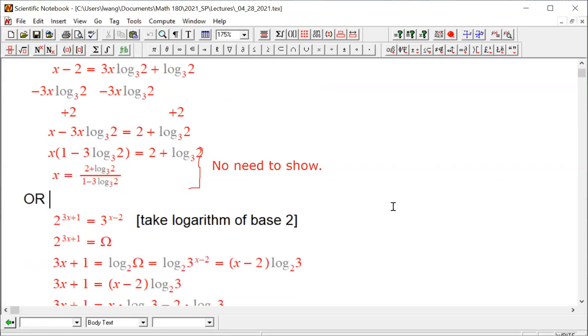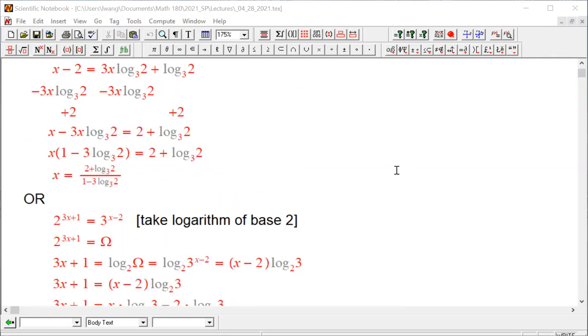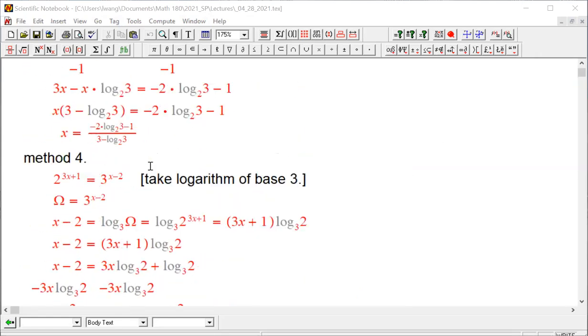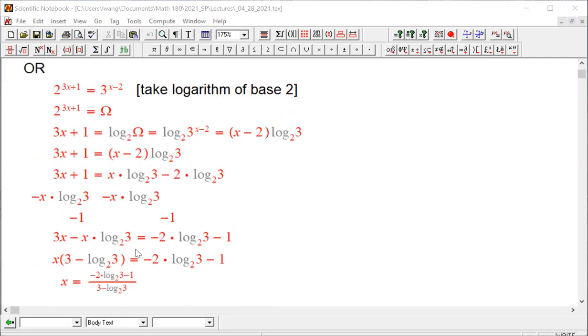I show the classes, you just take ln or take a common log on both sides. But for some reason, it doesn't seem to be received by all the students that way. Students have the tendency to do either base 3 or base 2, base 2 being more popular.